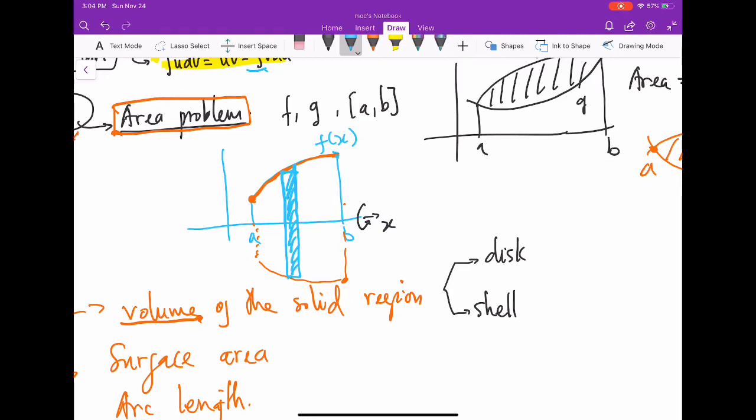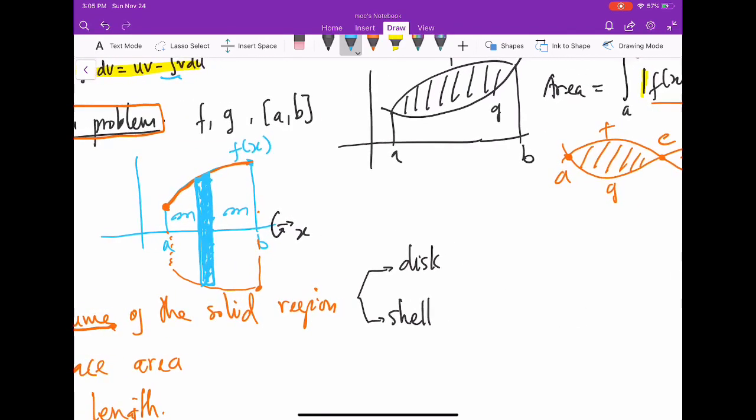Then we approximate the volume of each disk by the volume of a cylinder like this. Since we have several sub-regions here, we sum them up and get a Riemann sum. Then we consider a limit process, and we get the exact volume.